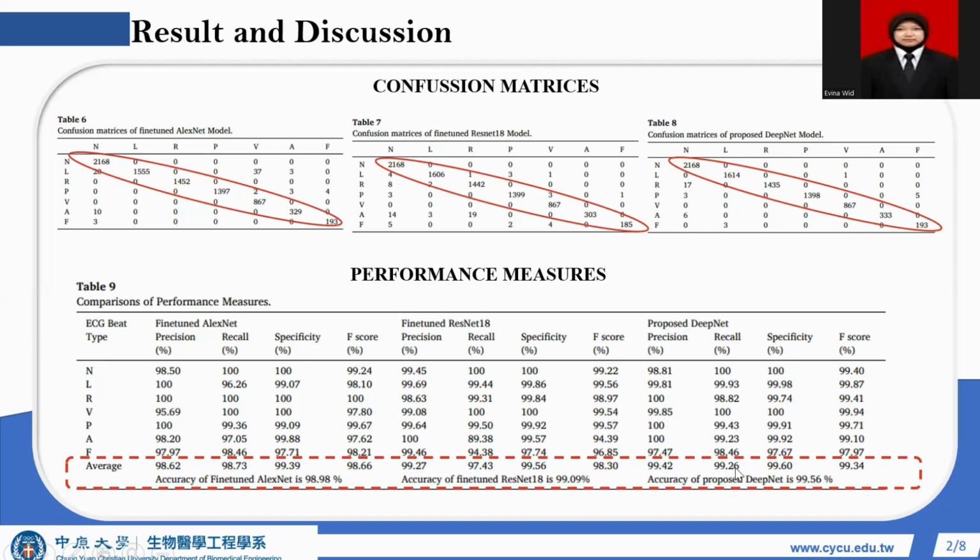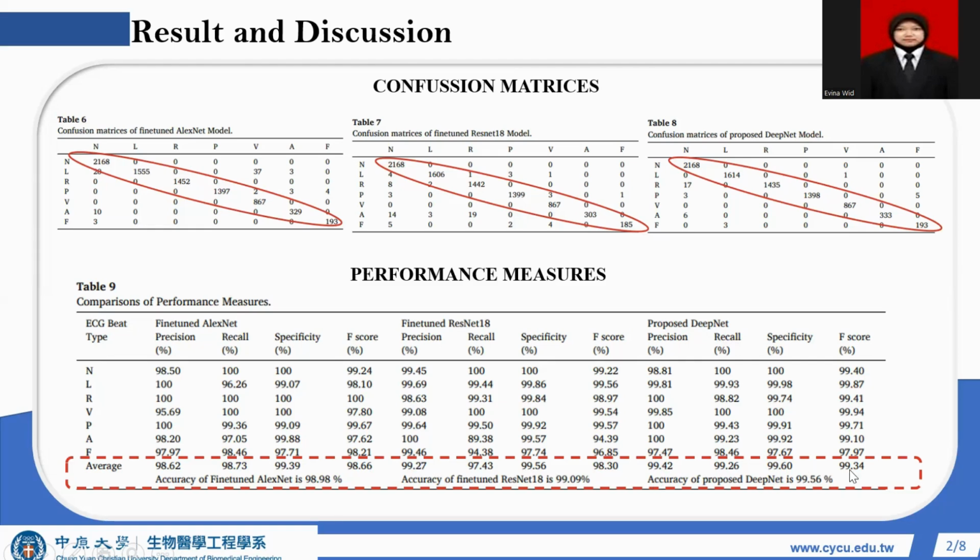And recall is also higher. DeepNet reaches 99.26, ResNet is just 97.43, and AlexNet is just 98.73. And for specificity, we also have the higher score, 99.66, and ResNet is just 99.56, and AlexNet is 99.39.